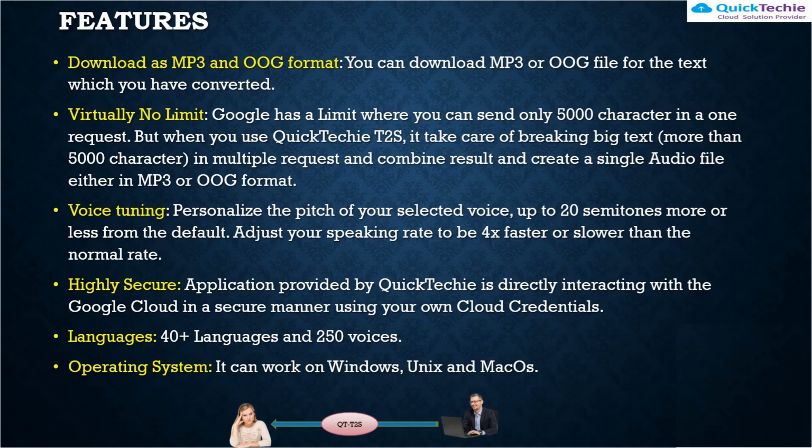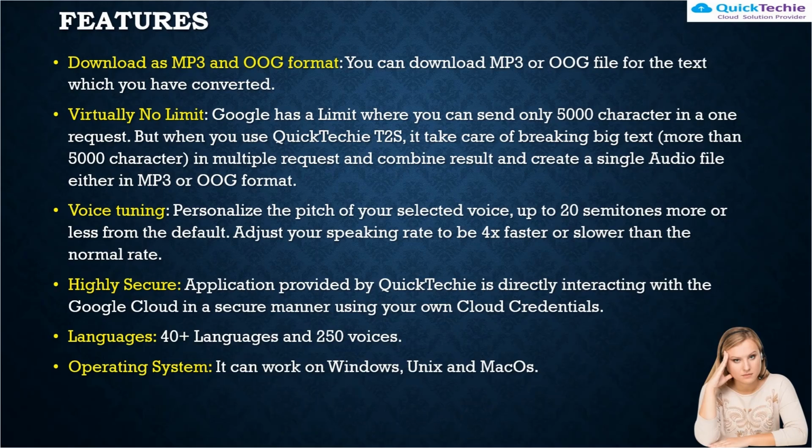Google has a limit of 5000 characters in each request, but we have created this software in such a way that there is no limit. You can create as big a text file as you like and convert it into a single MP3 file. What we do is submit multiple requests if there are more than 5000 characters, then we accumulate the results and finally give one MP3 or OGG file.